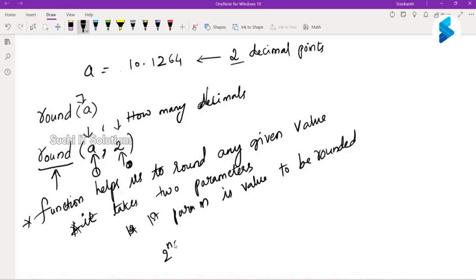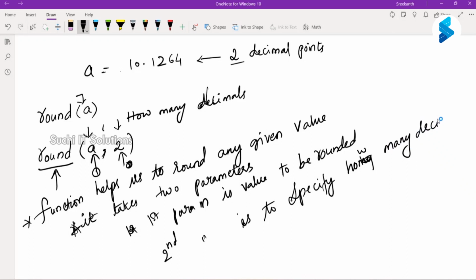The second parameter is to specify how many decimals. Okay, are we clear with this? Yes, sir. Okay, let us try rounding a few numbers.